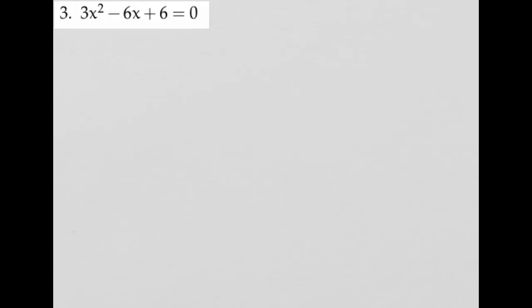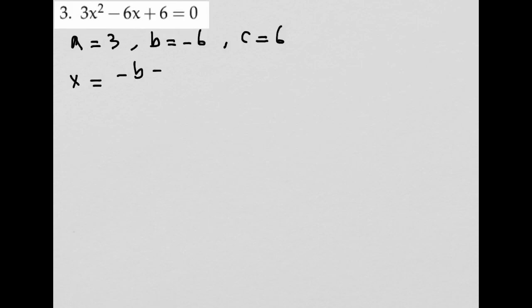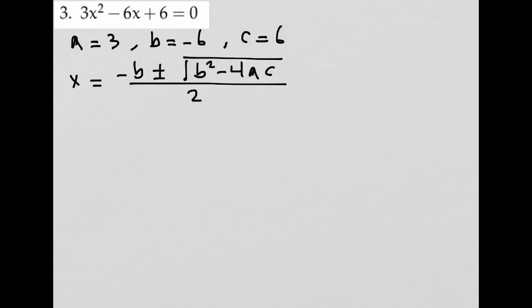Example 3. Solve 3x squared minus 6x plus 6 equals 0 using the quadratic formula. So a is 3, b is minus 6, and c is 6. The quadratic formula says that x equals minus b plus or minus the square root of b squared minus 4ac, all divided by 2a.